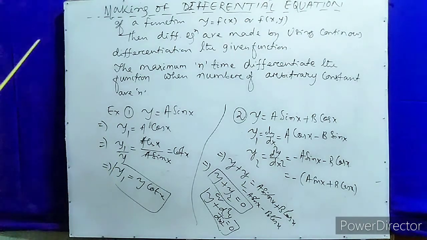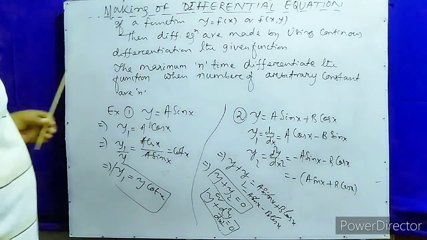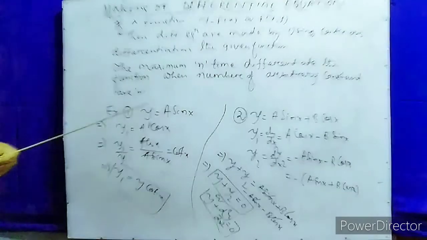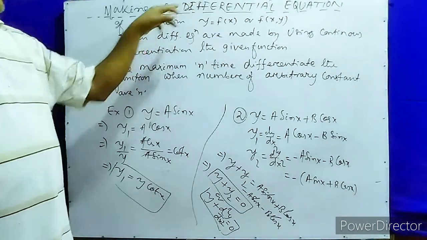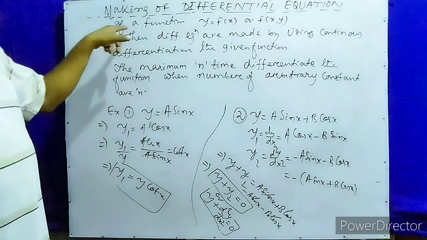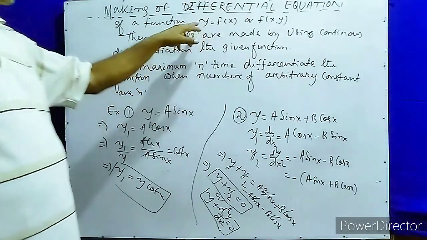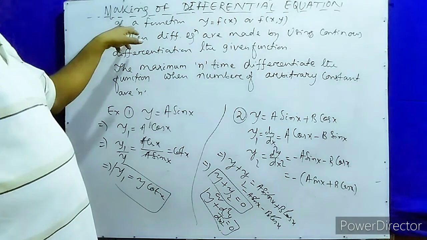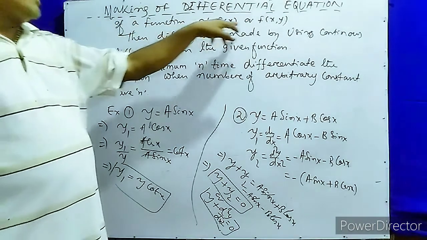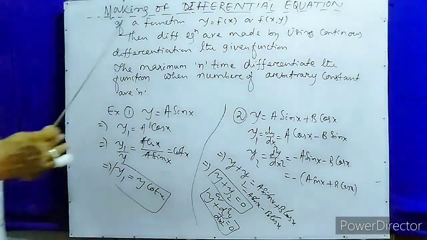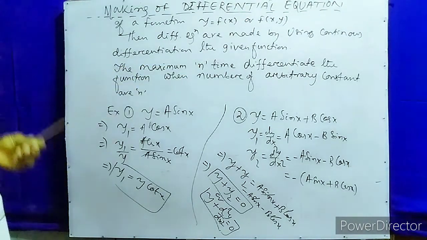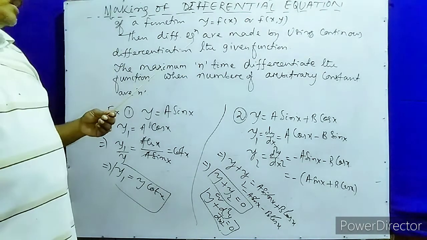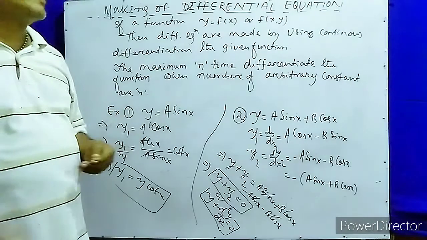So the question arises: how to make a differential equation? How to find the differential equation? Here is an ordinary equation. Suppose an equation is given, y equals f of x, or f of x, y is any equation given. Then the differential equation is made using continuous differentiation of the given function.